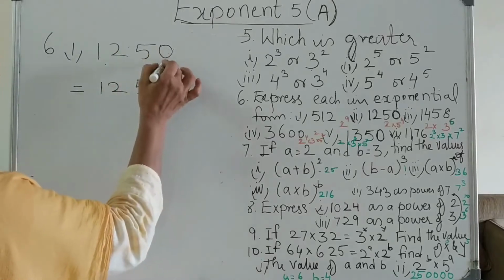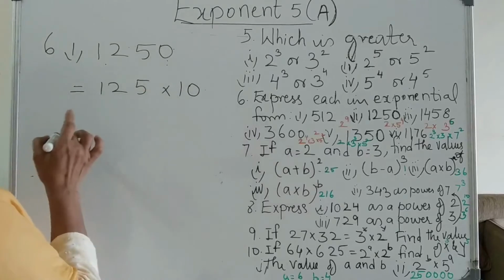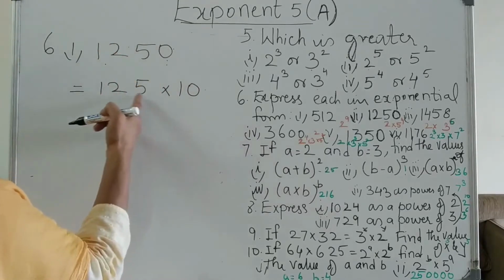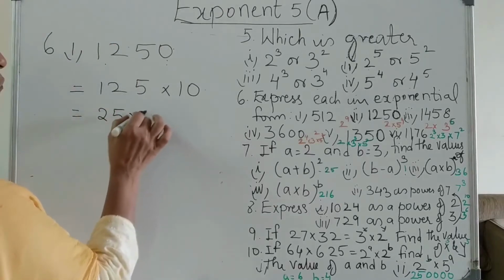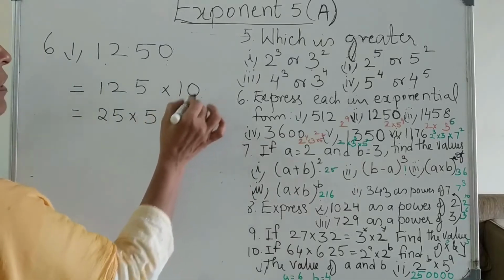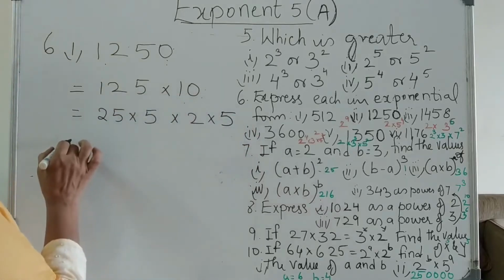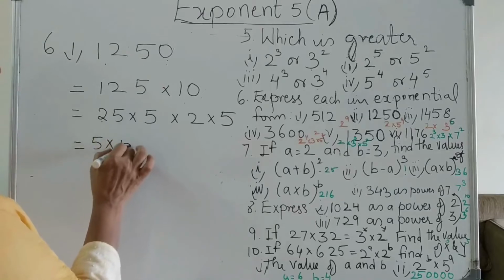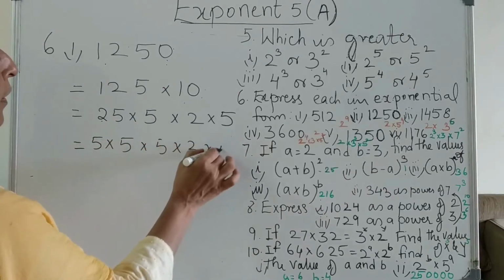Whenever there is 0, try to multiply by 10, so that it becomes easy for you to factorize. Now 125, you know it is 25 into 5. And then 10 you can write as 2 into 5. Now here 25 you can write 5 into 5, so 5 into 5 into 5 into 2 into 5.